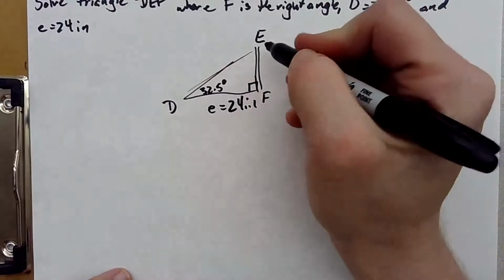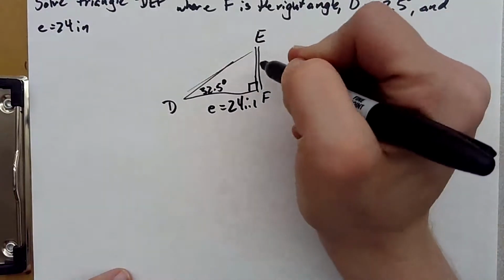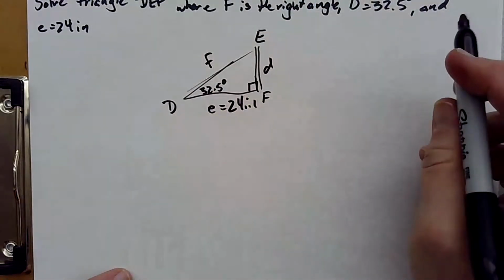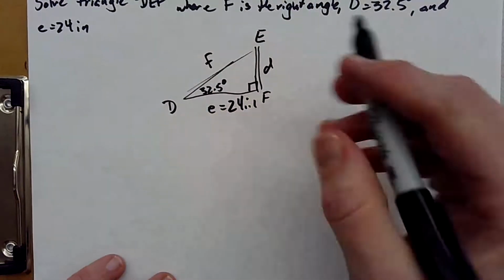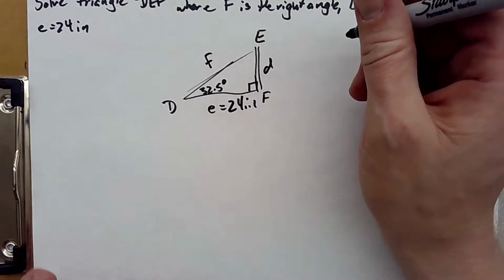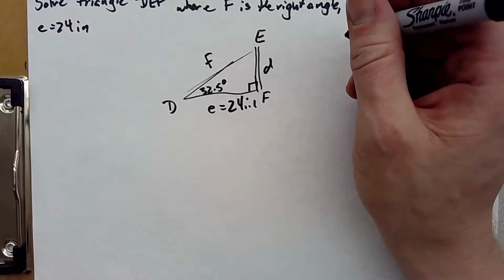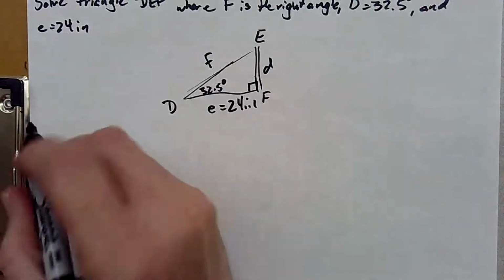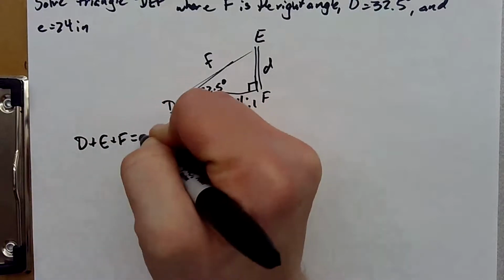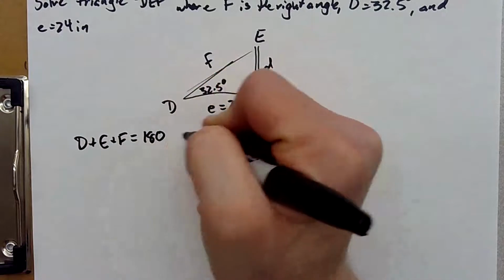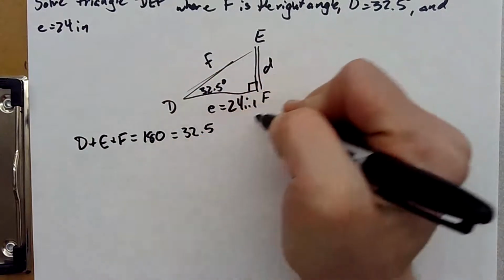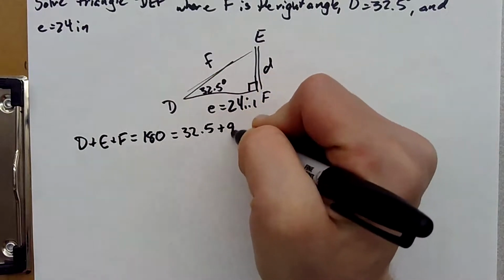Okay, so we need to find the measure of angle E, the length of side D, and the length of side F. The easiest thing to do is figure out angle E because we know that the sizes of the three angles add up to 180 degrees. So D plus E plus F equals 180. And we already know that D is 32.5 and F is 90.